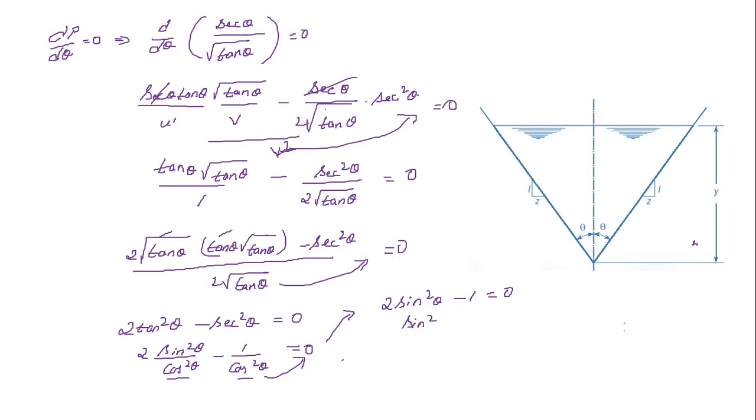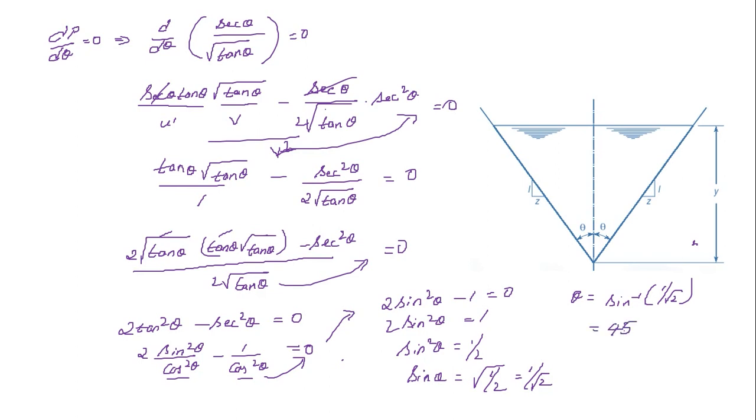So 2 into sin square theta equals to 1, and sin square theta equals to 1 by 2, and sin theta is equals to root over 1 by 2, that is 1 by root 2. So now what happens to theta? Theta is equals to sin inverse of 1 by root 2. So you can guess, right? Theta equals to 45. Therefore, for a triangular channel to be economical, the theta should be 45 degrees.